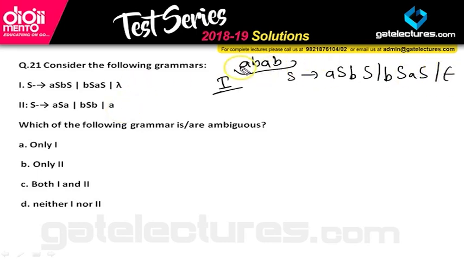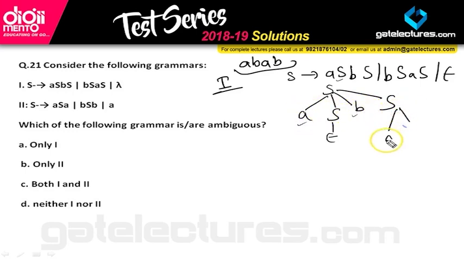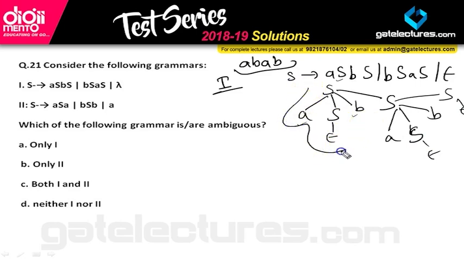I want to produce a b a b, so obviously I'll first use this one, a S b S. Now let's say I am giving S as null. A b is produced. Now let's use this production again the same way. Now I want a b, so it will be a S b S. This is replaced by epsilon, epsilon, and epsilon. So it will be a b a b.